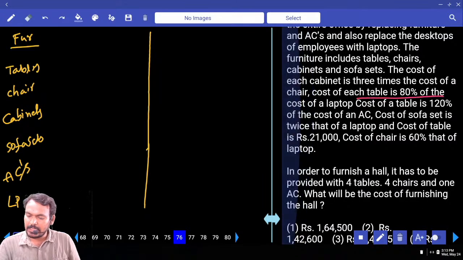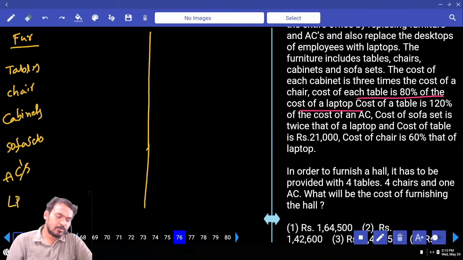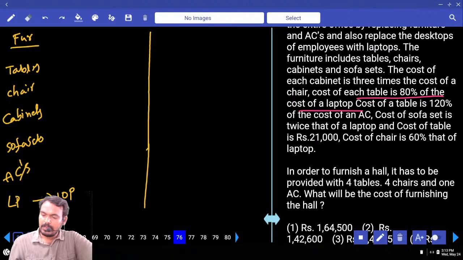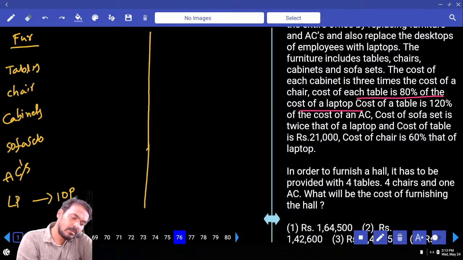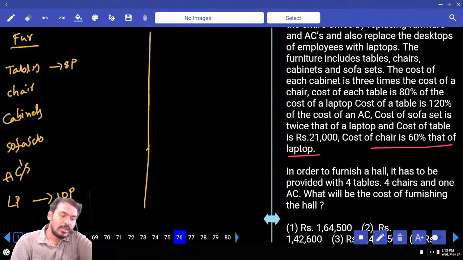Table cost is 80% of which one? Laptop cost. Suppose we consider laptop cost as 10 parts. Laptop cost 10 parts. Table cost 8 parts. Table how many parts? 8 parts. And one more, chair cost is 60% of which one? Laptop.